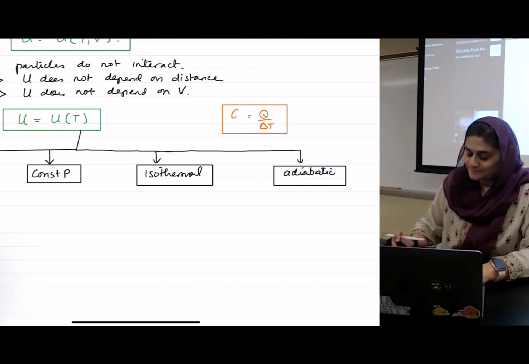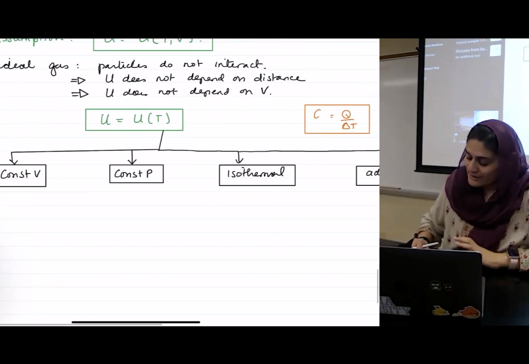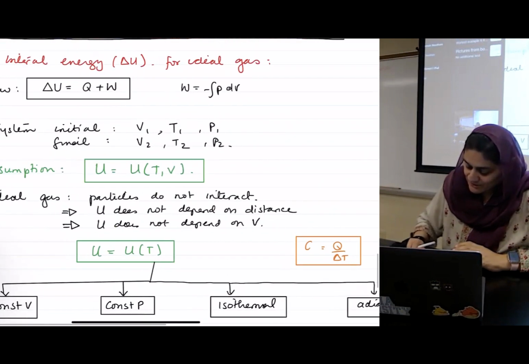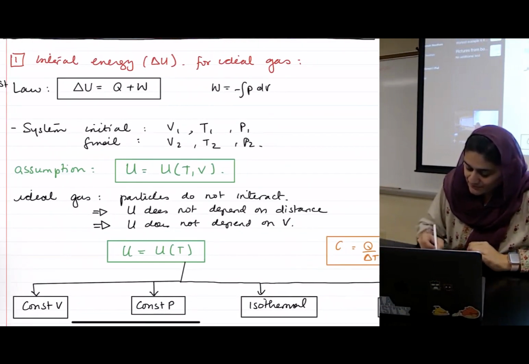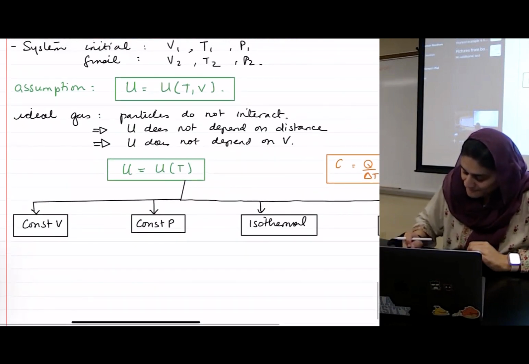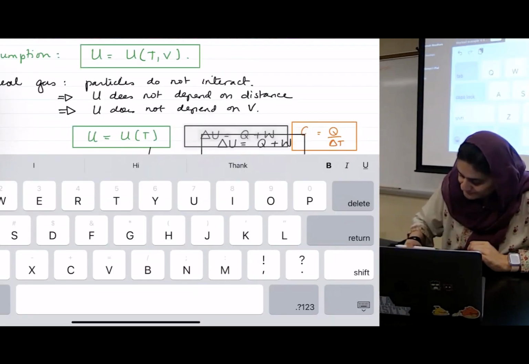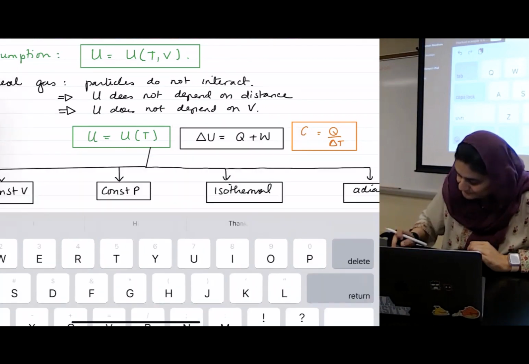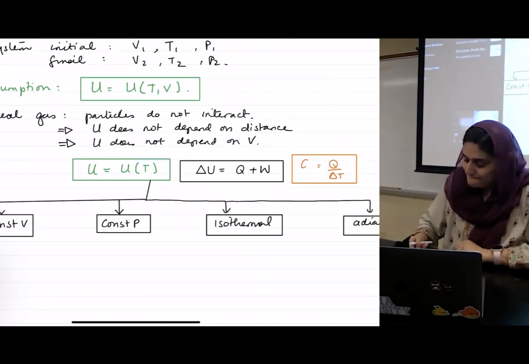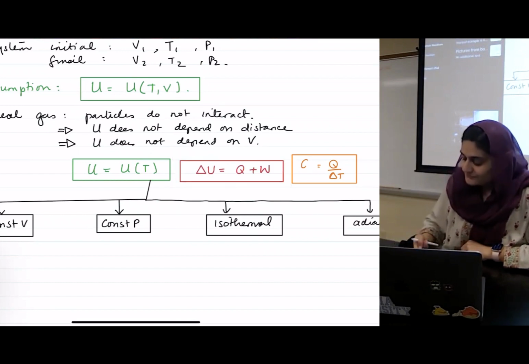Okay, step one. Constant volume. What happens? Oh, and I should also write the first law again. So guys, write the first law again. Copy, and then paste here. So these are the two things we're going to need. Oh, I should change the color of it. Red. There we go.